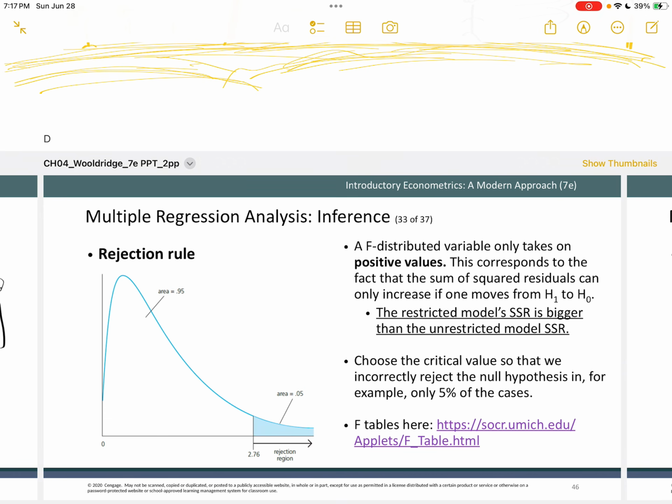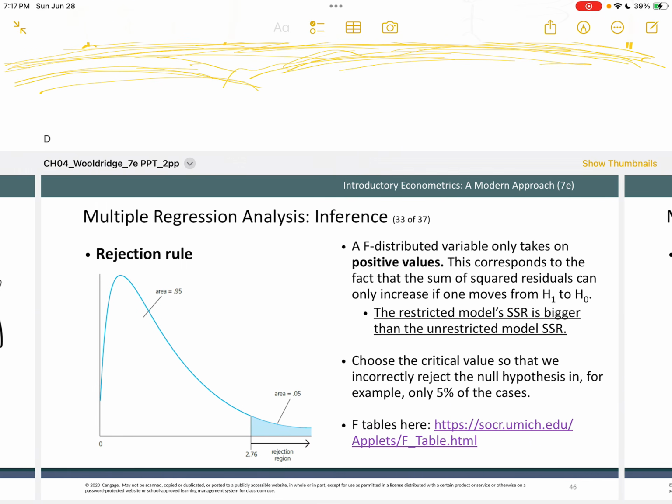The rejection region is to the right of your 2.76. Your 2.76 is your critical F value, and the area there is your significance level, 5%, and the unshaded area is the fail to reject region, the fail to reject H0 region.